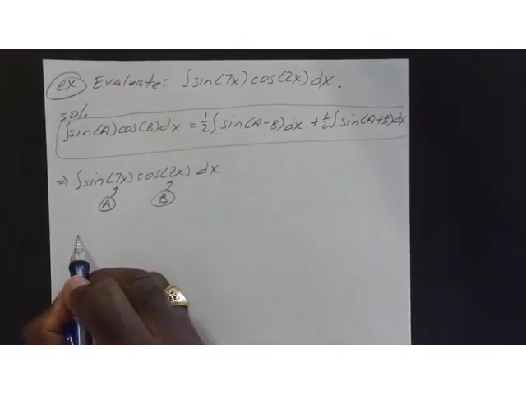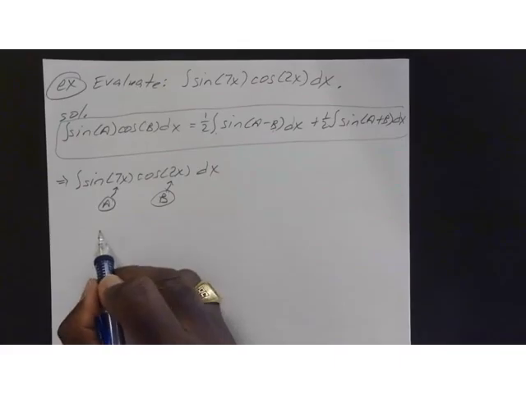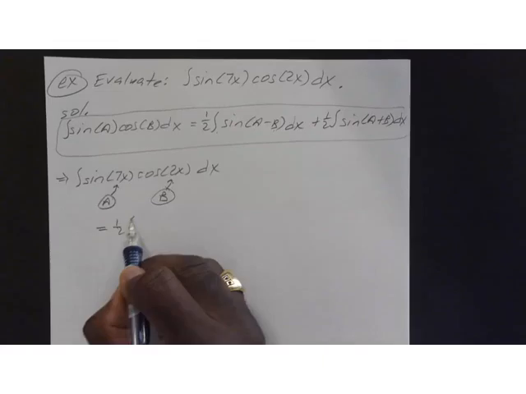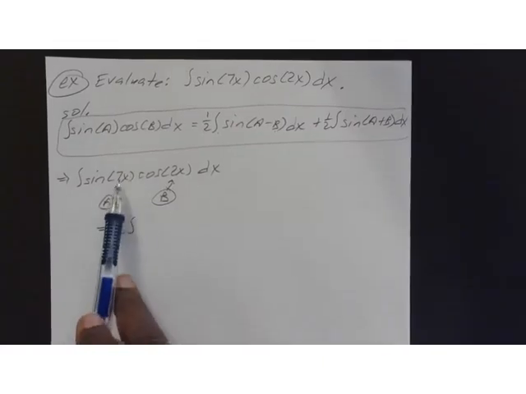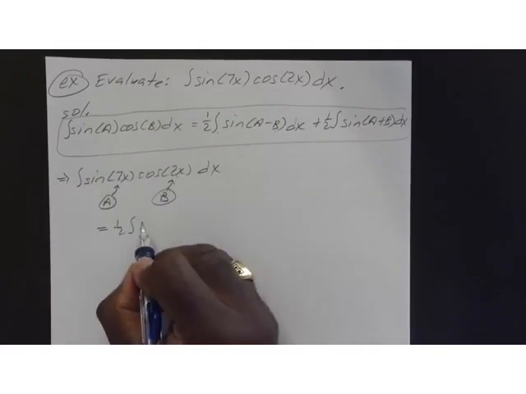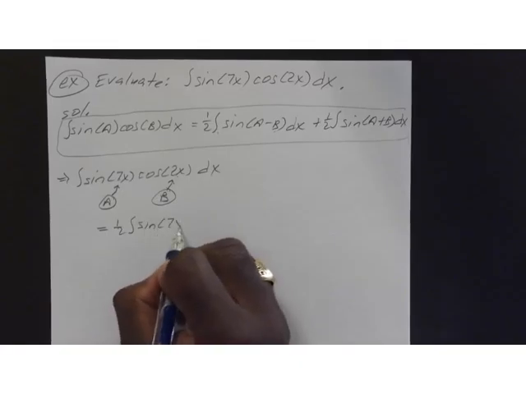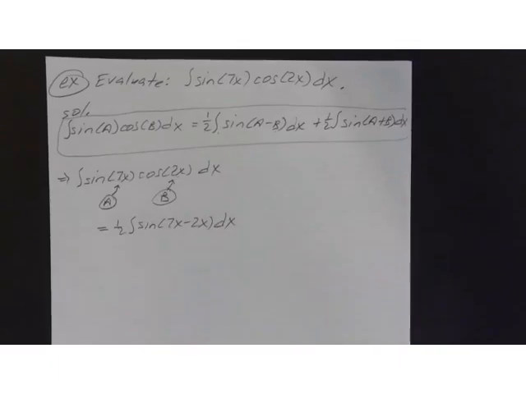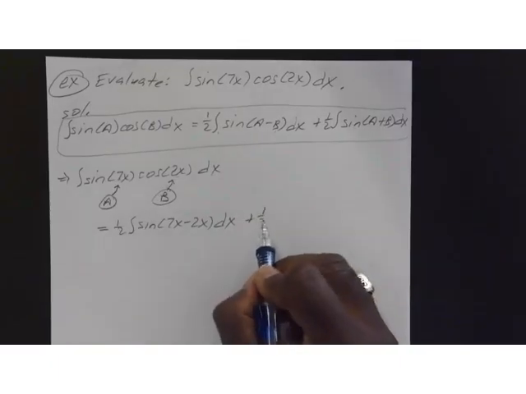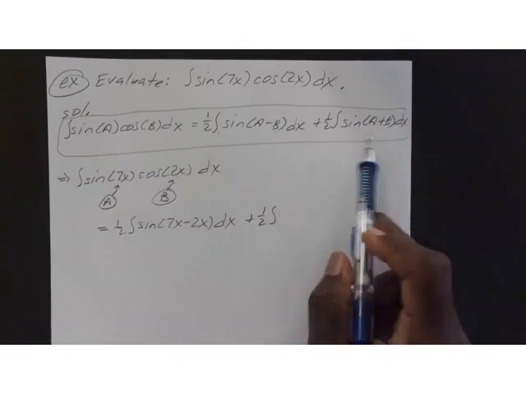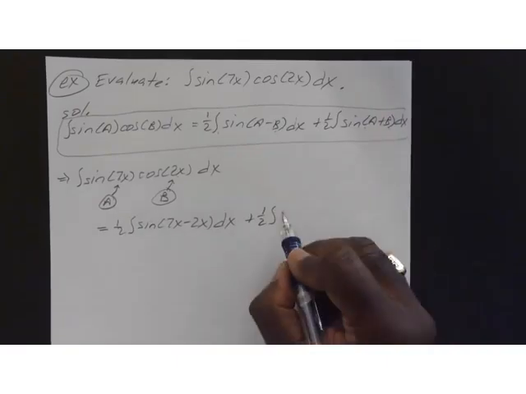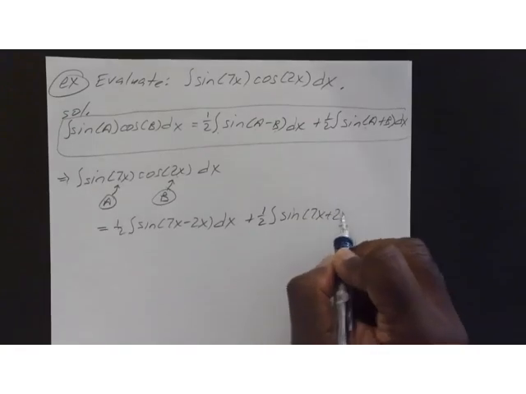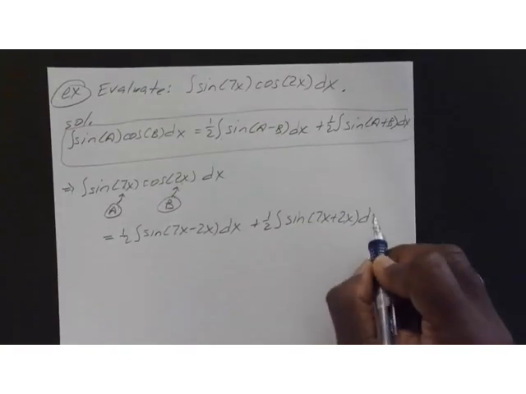And I'll put it underneath just to avoid running out of room. So that's 1/2 times the integral sine of 7x minus 2x with respect to x, plus 1/2 times the integral of sine of 7x plus 2x with respect to x.